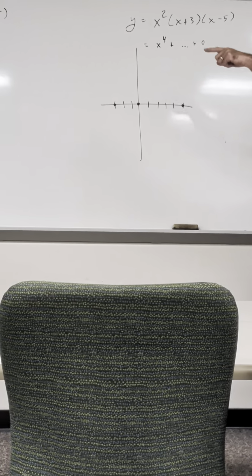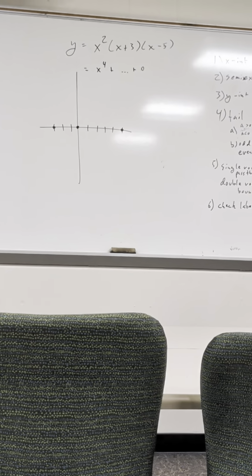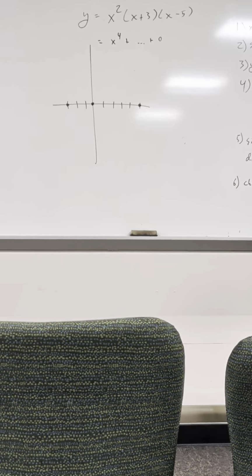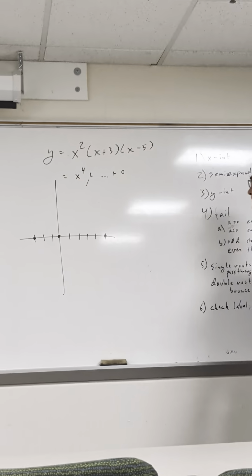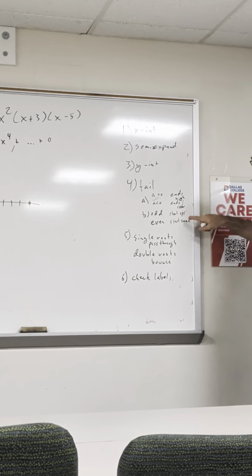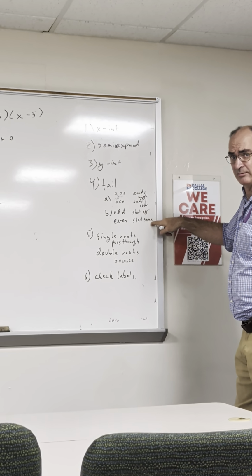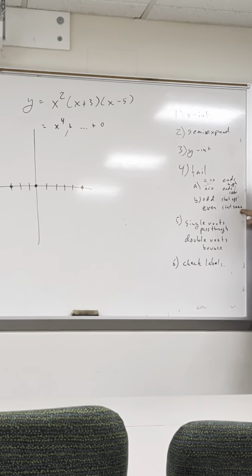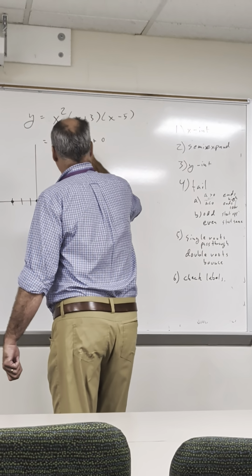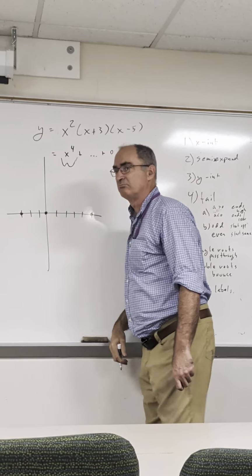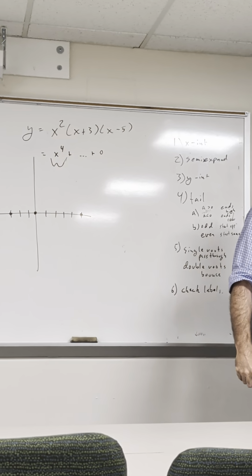Like with the first problem, a is 1, a positive number, so it ends high. Four is an even number, so it starts the same. With 4, I kind of expect it to look kind of like a W shape.